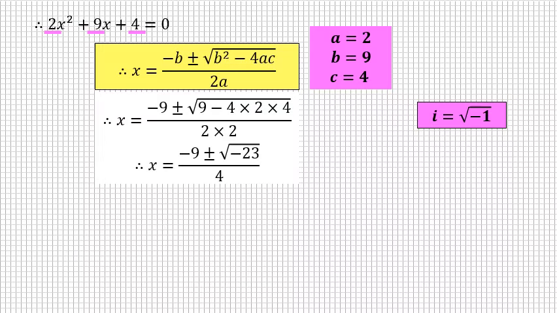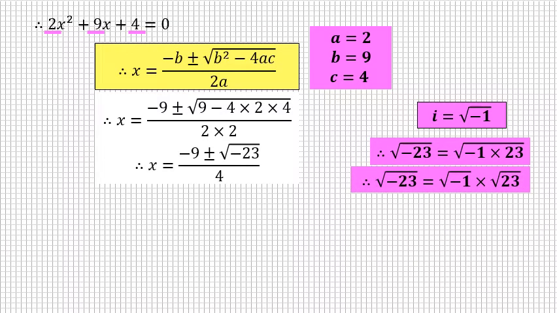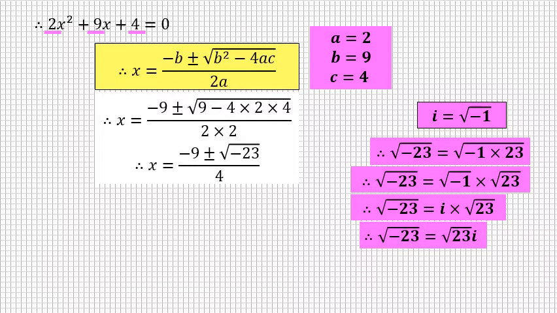So let's think about this negative 23. It is the same as saying negative 1 times 23, which can be split up into the square root of negative 1 times the square root of 23, and then we replace the square root of negative 1 with our complex number symbol i, and so the square root of negative 23 can actually be written as root 23 i.